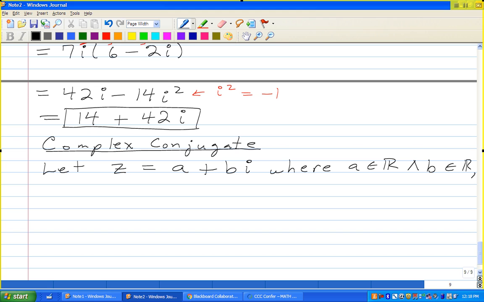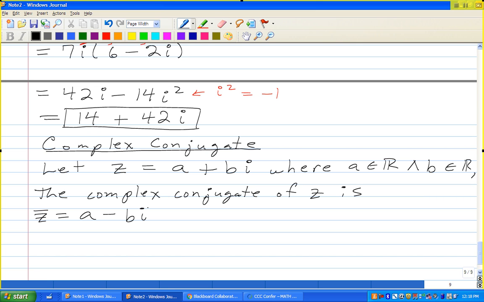Then the complex conjugate of the complex number z will be denoted by z with a bar over it. And it's just going to be the real part minus the imaginary part times i. And so the complex conjugate of a plus bi is just a minus bi. Note the following.